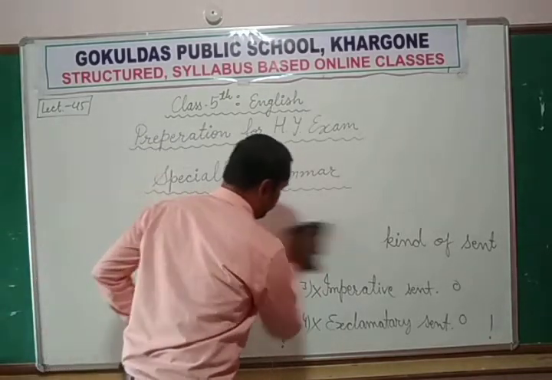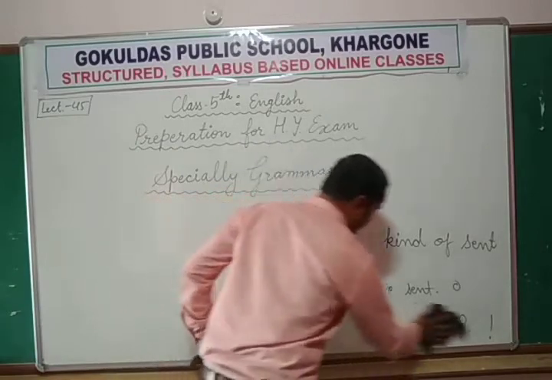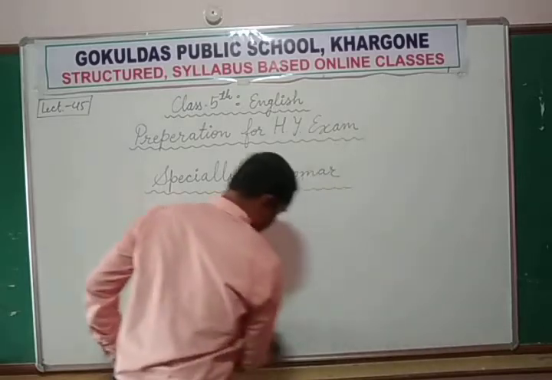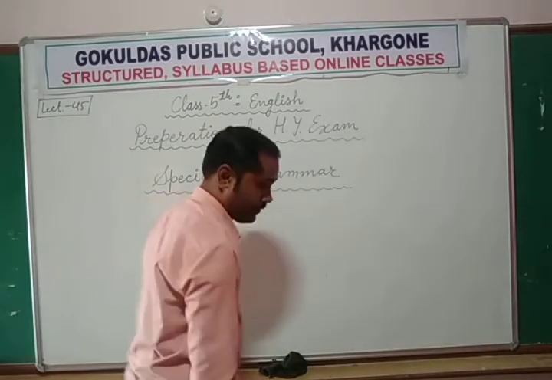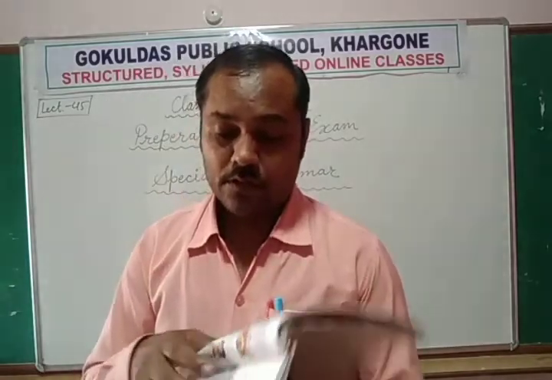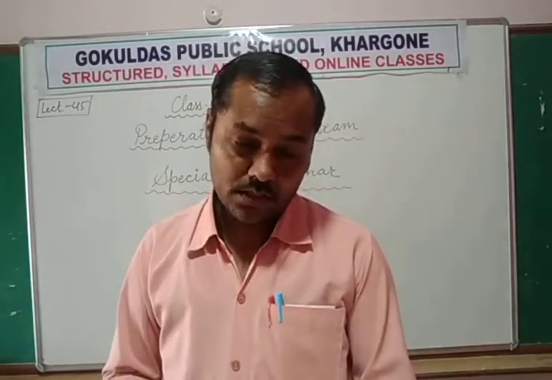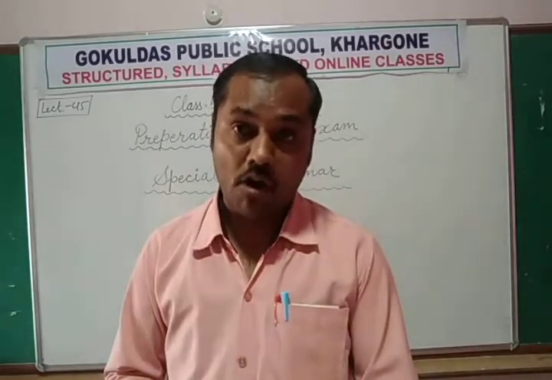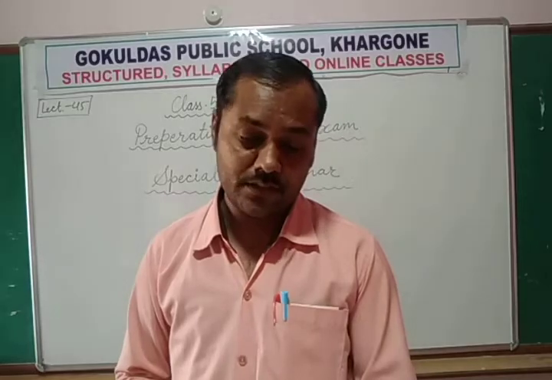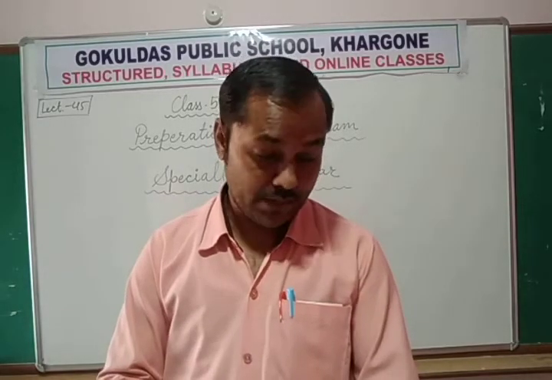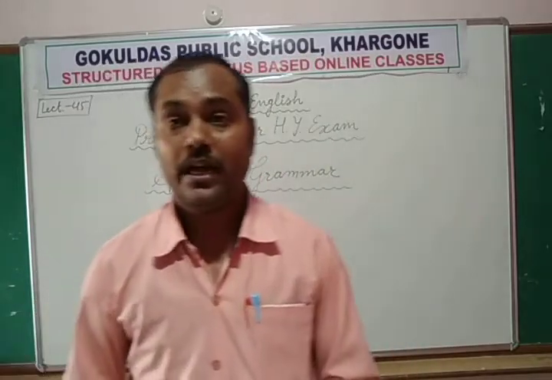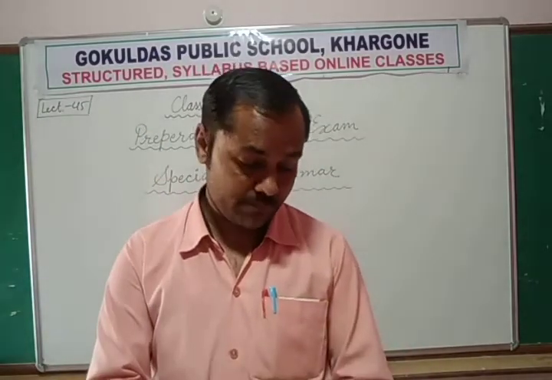So this is how I can ask the questions. You need to revise all these chapters, and if you find any type of difficulty, you can go back to the chapter and video and solve the exercise.